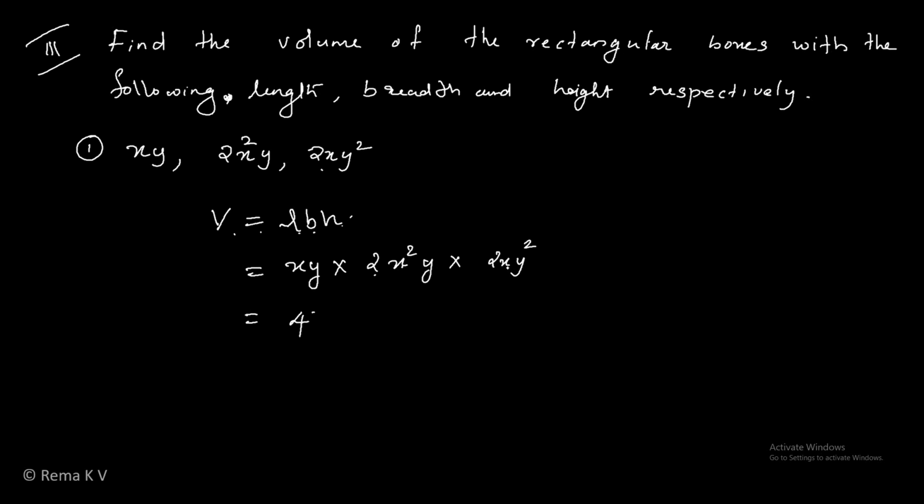In this term it is 1 time again. So total 4 times. x raised to 4. y once, here twice, then again twice. So total 4 times. 4x raised to 4, y raised to 4 cubic units.